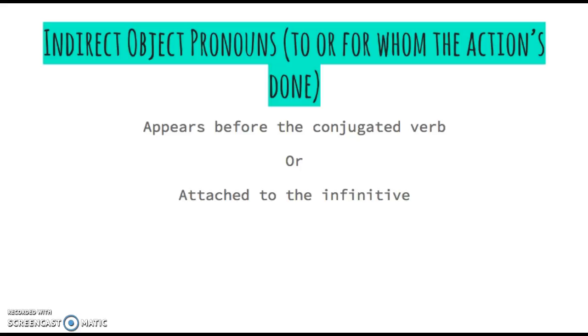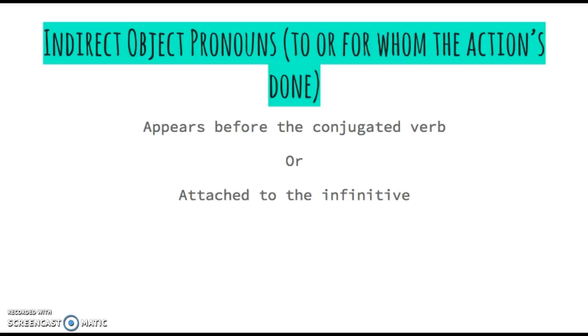For example, she kicked the ball to me. The verb would be kicked, your direct object would be the ball, and the indirect object would be me. She kicked the ball to me.